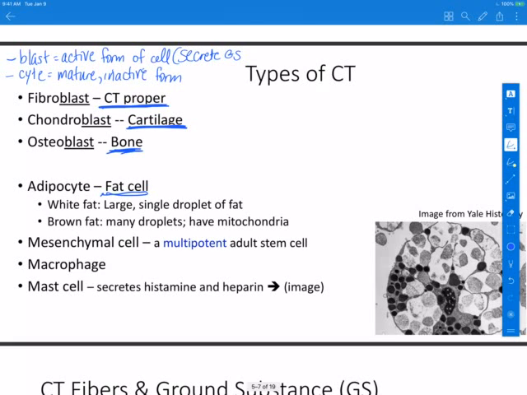They are mostly made up of fat. The fat takes up the entire cytoplasm, well, most of the cytoplasm, and the fat comes in the form of a large single droplet.